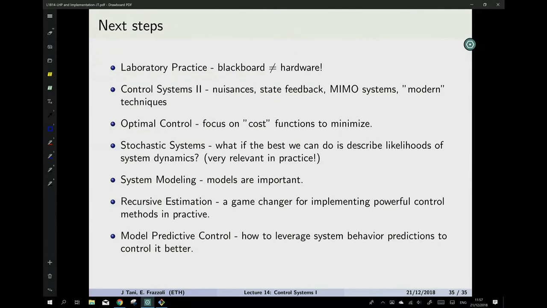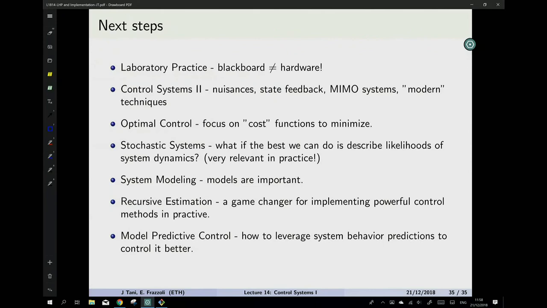But the way you actually write the code needs to be smart. You need to write all your algorithms in a smart way such that they run really quickly and use very little memory. Why? So you minimize your time delays and you get good phase margin and things work, okay? Recursive estimation is a big chunk of the modern contribution to this field, and it's beautiful. I strongly recommend you study it.